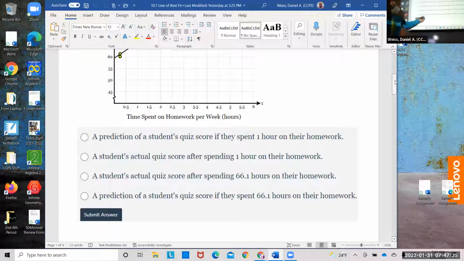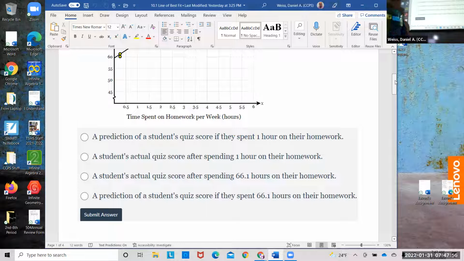Would it be a prediction of a student's quiz score if they spend 66.1 hours on their homework? No, right? It's talking about if they spend 1 hour on their homework. That's what the 1 means, right?